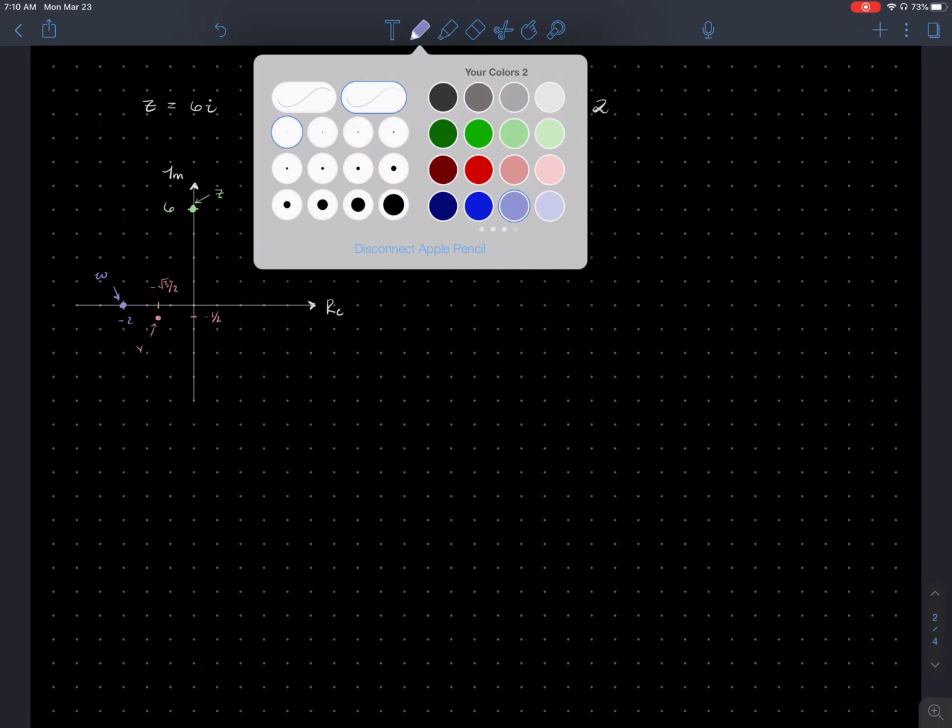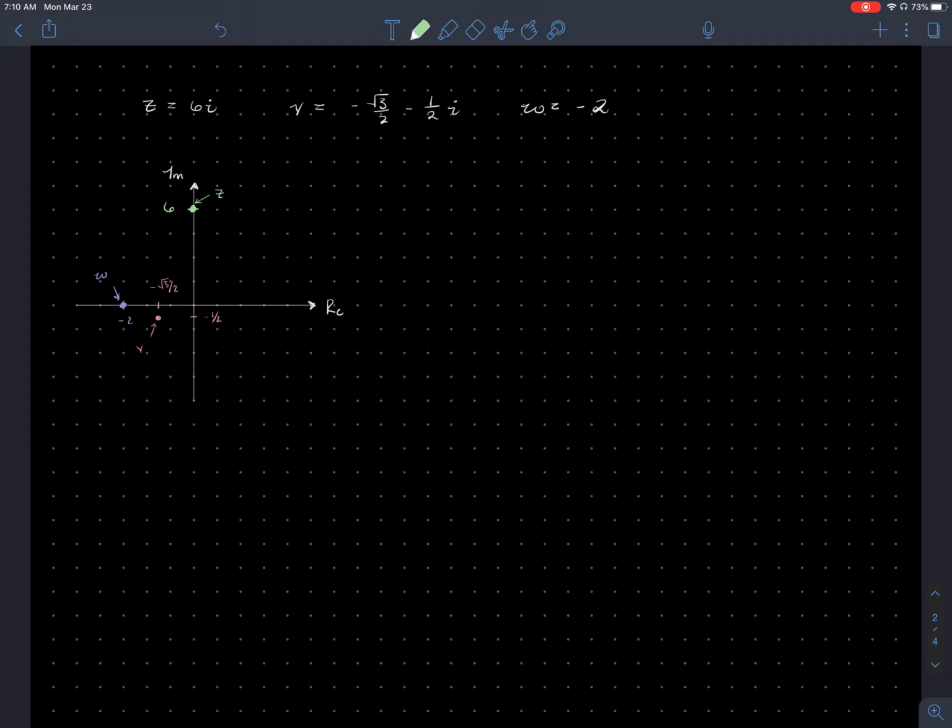Now, let's figure out some things that we'd want to know about these. First, this distance from 0 to z is going to be the modulus of z, right?